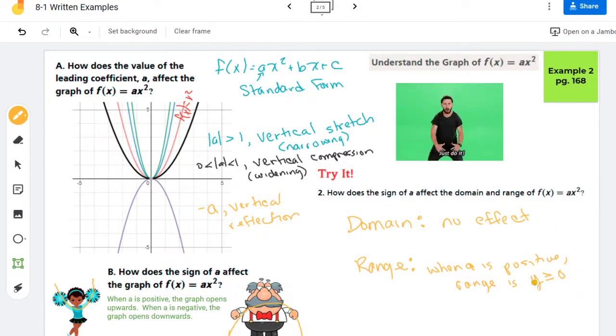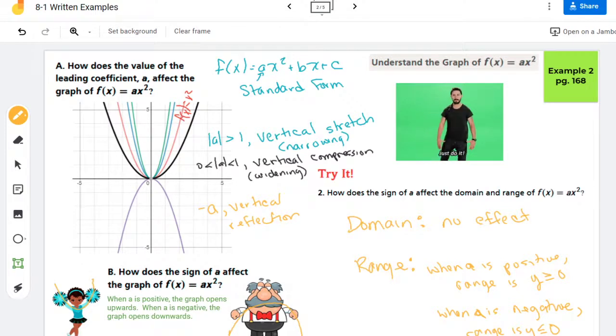Okay, that's how we write it as an inequality. But when a is negative, what's happening? Do you see how our graph flips upside down? So instead of going for y is greater than 0, this turns into y is less than or equal to 0. So that negative a value flipped the sign on our inequality.